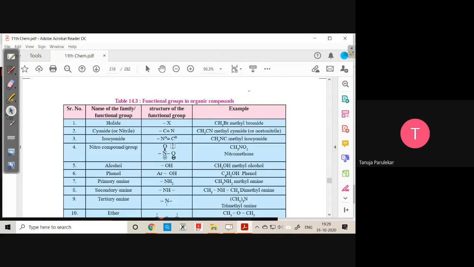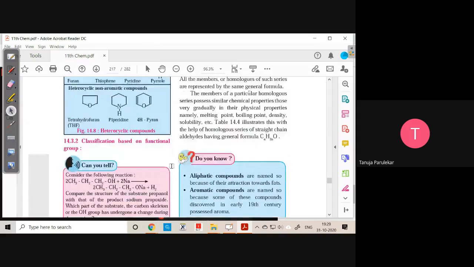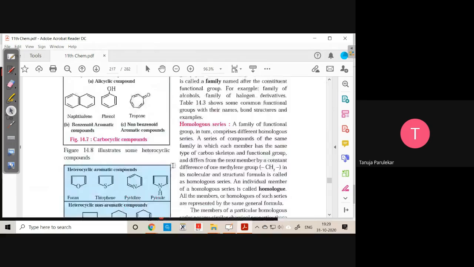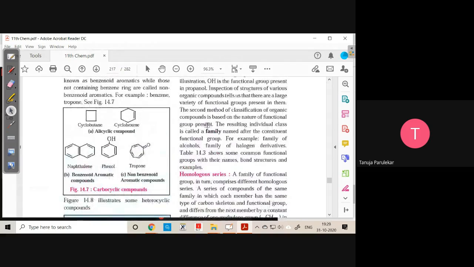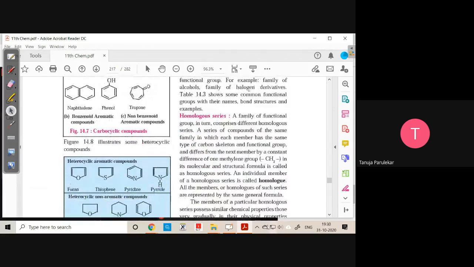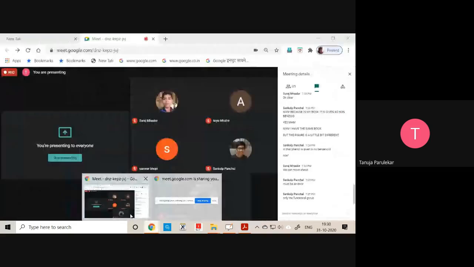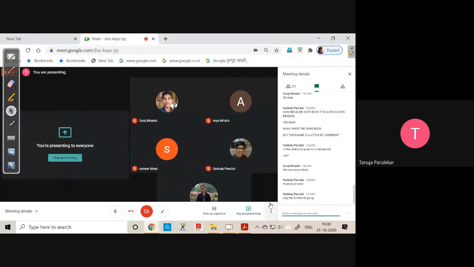Okay, what is the structure of the functional group, and then you will be seeing some examples. Right. So first, most important is the functional group, and then you can have a family of the functional group. Is it clear so far? Must be only the functional group. Okay, fine. So far, okay.